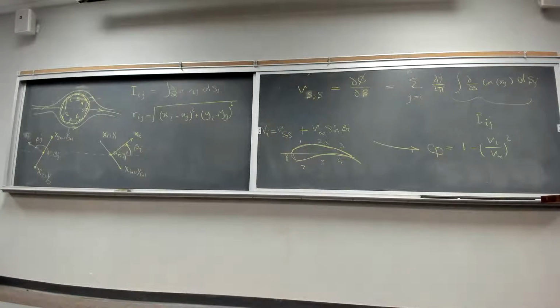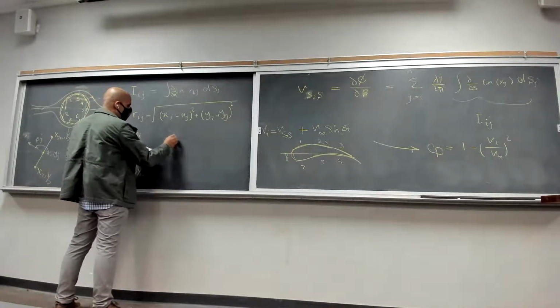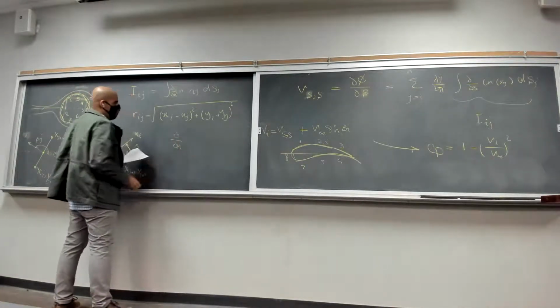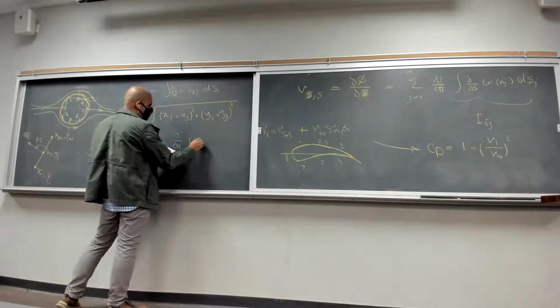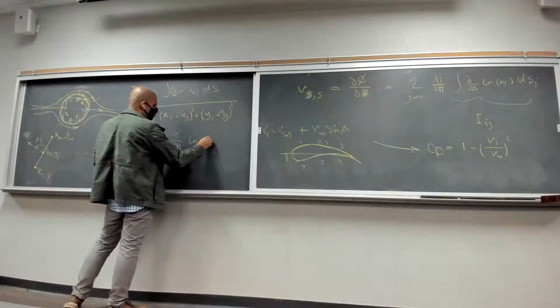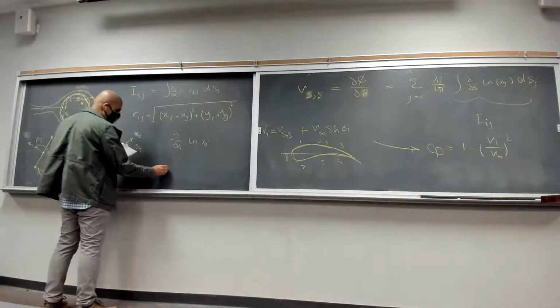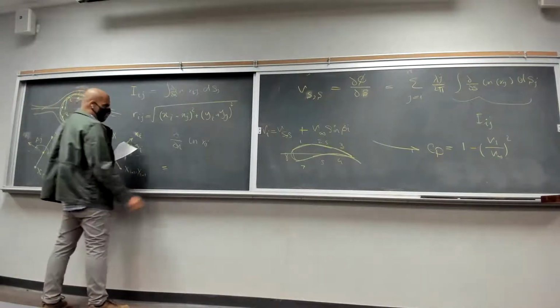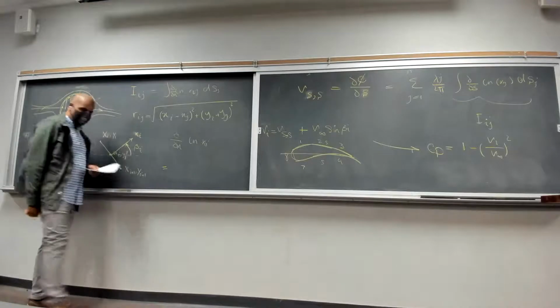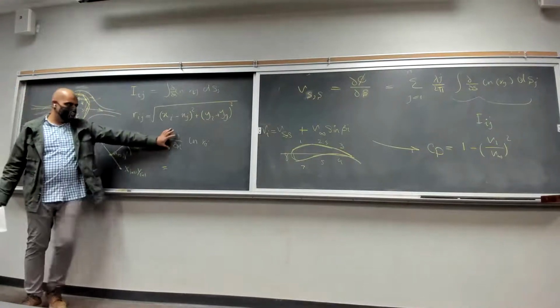Okay, so what will be the partial n of natural log of Rij? Who can tell me what is the value for this?